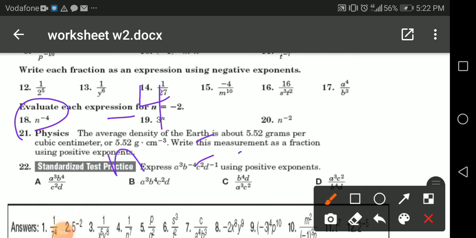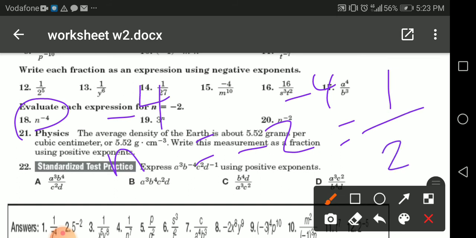This one, we have n to the negative 4th power. So instead of n, I write negative 2, and I have negative 4 as the exponent. So the opposite will be 1 over negative 2, don't forget to write the negative 2, and here the exponent will be 4. 1 over negative 2 to the 4th power.